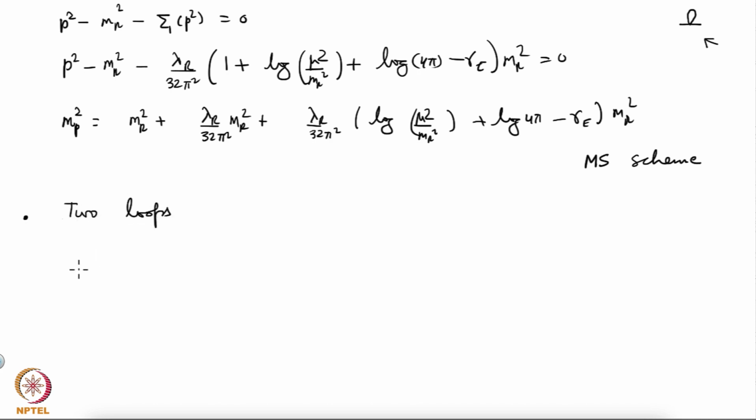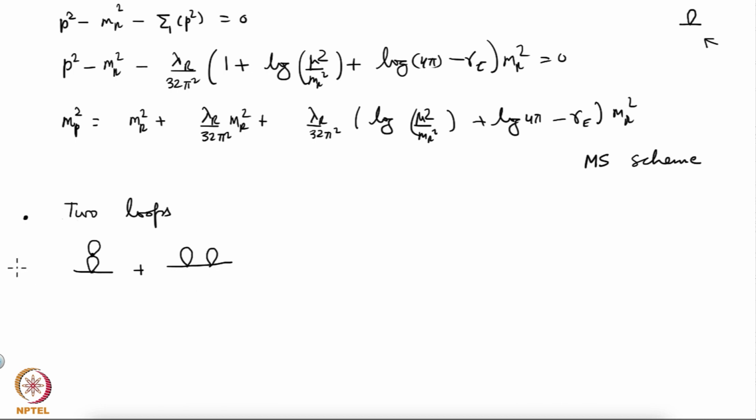So at 2 loop, we will have these kind of diagrams. So this is a 2 loop diagram. So you see, I'm drawing all the diagrams which are lambda r square terms. Okay, so this has 2 factors of coupling, so it's a lambda r square diagram, and then you have this also.